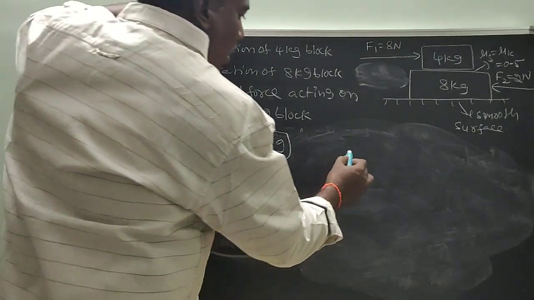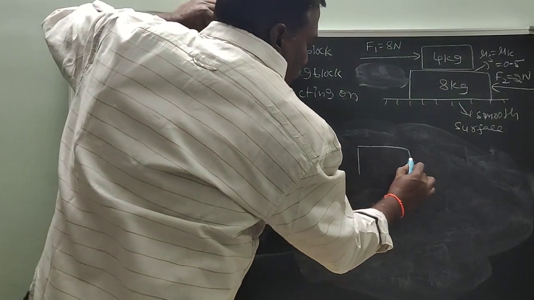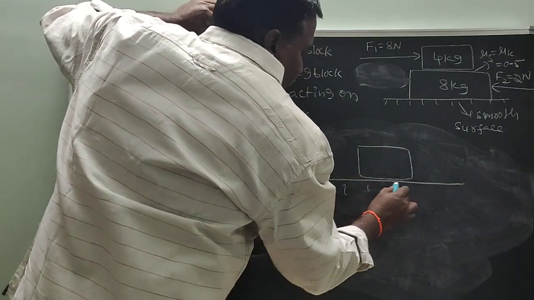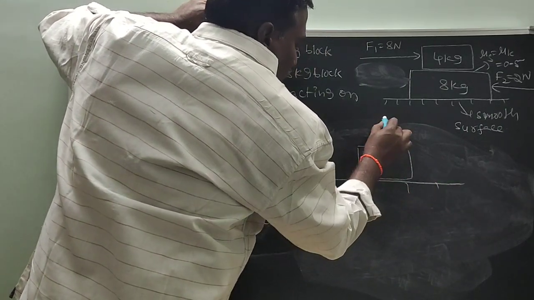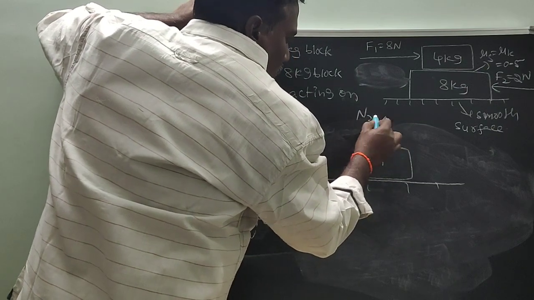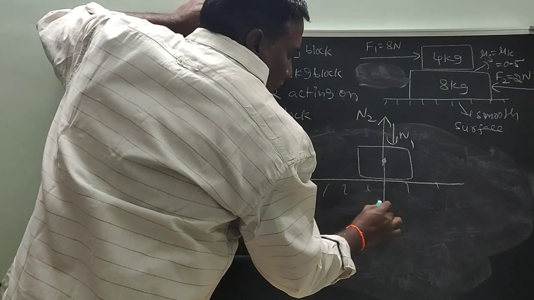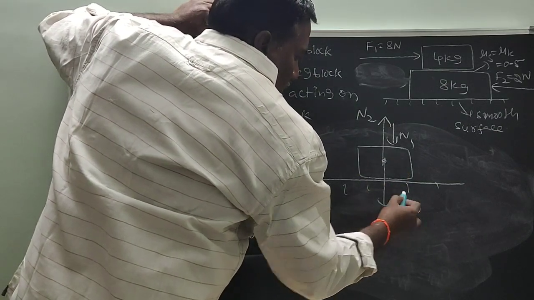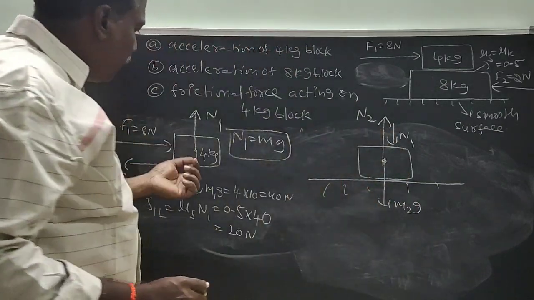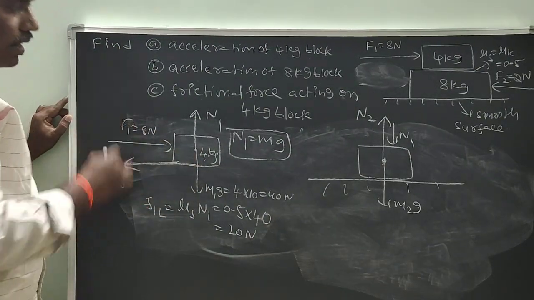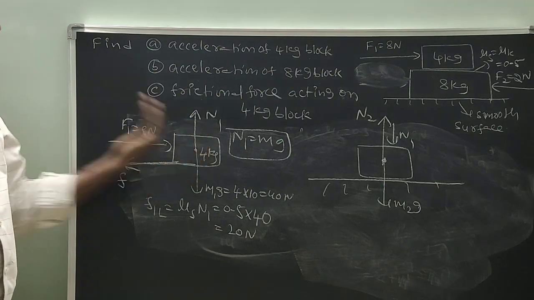So here for the 8 kg block, there is no use to find this normal reaction. N2, this N1 is acting downward, M2G is acting downward. So the frictional force on the 4 kg block is along the negative x-axis, or towards left.